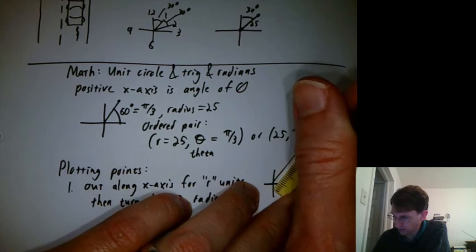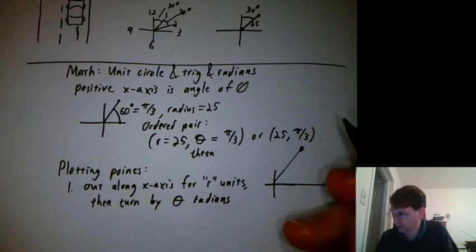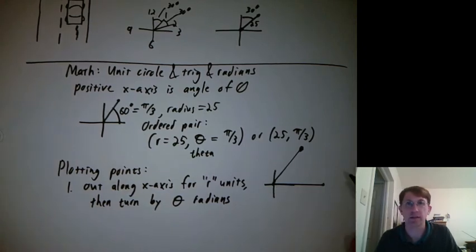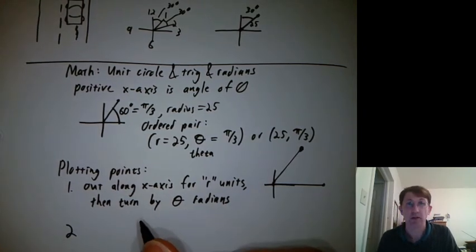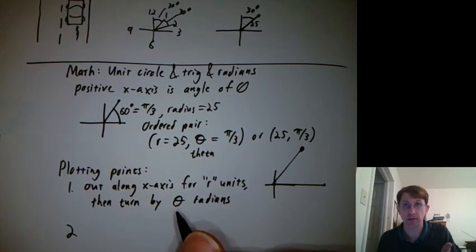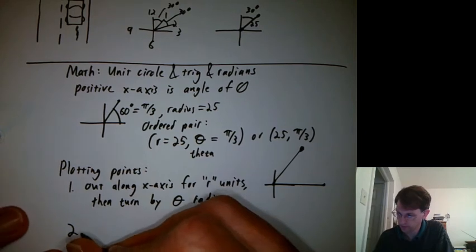I'm drawing that line there, but really it's just that point that I need to draw. And pretend that I managed to get the axis there. The other way to think about it is that I'm going to turn by theta radians first, and then go out along that ray for r units.